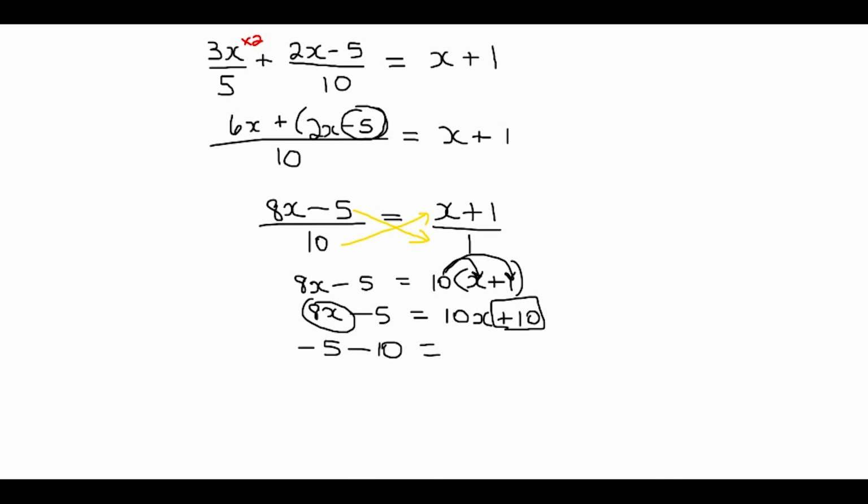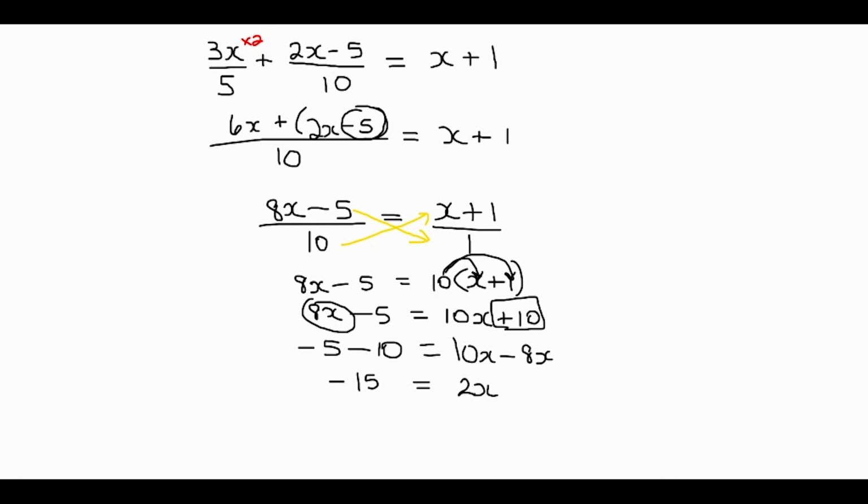I just want to regroup in this step. So at this point, I'll have minus 5 minus 10 is equal to 10x minus 8x, and we simplify now, leaving us with minus 15 on the left and 2x on the right.